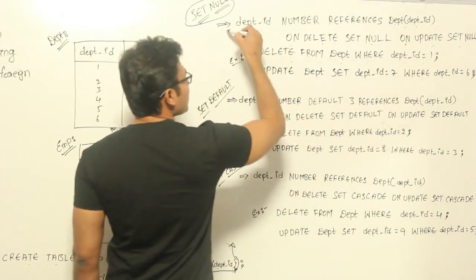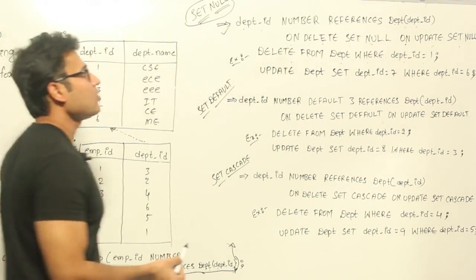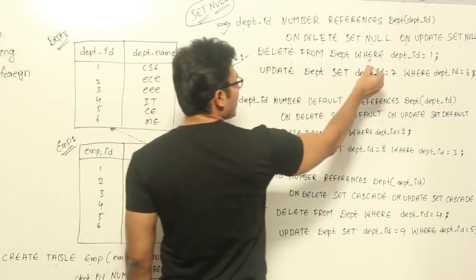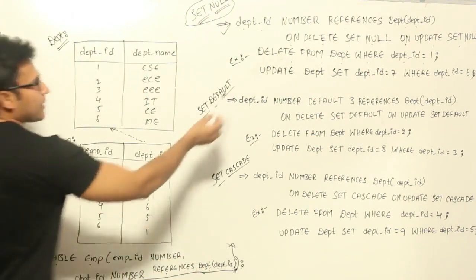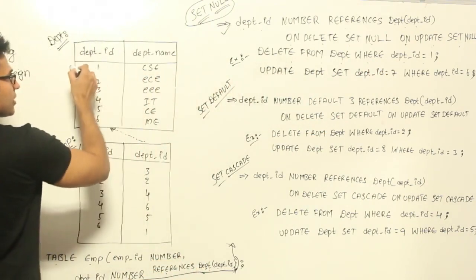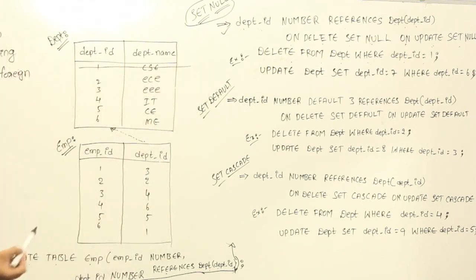Let us assume that you have given this statement while creating the table. Now you are trying to delete department number 1, right? What happens here is, delete from department table where department equal to 1 means this entire row will be deleted. Now who will get affected?